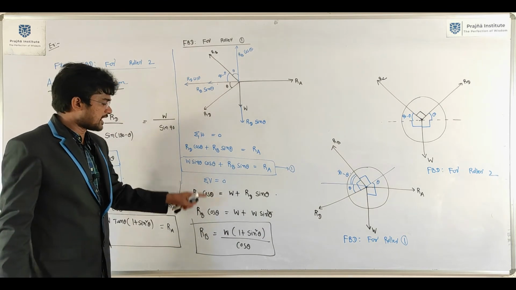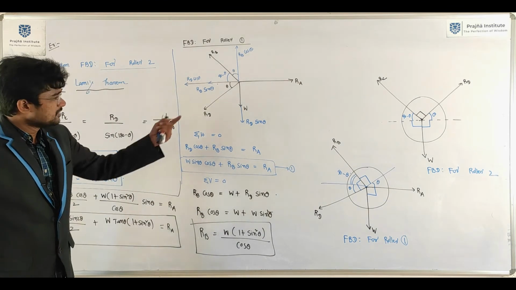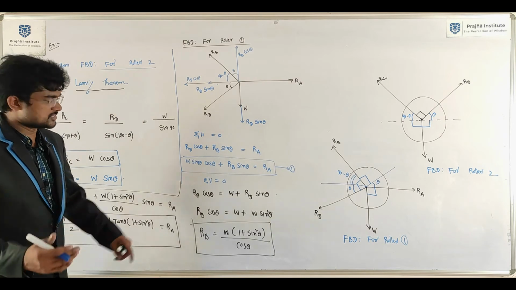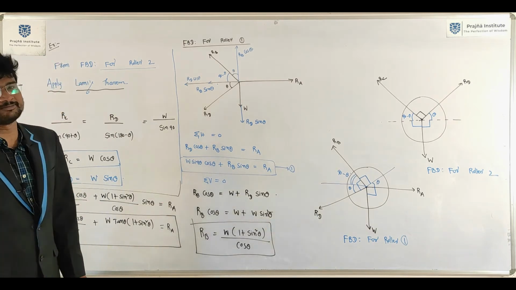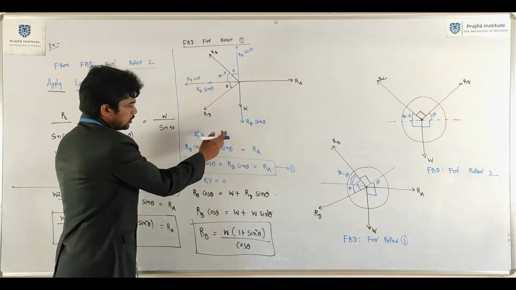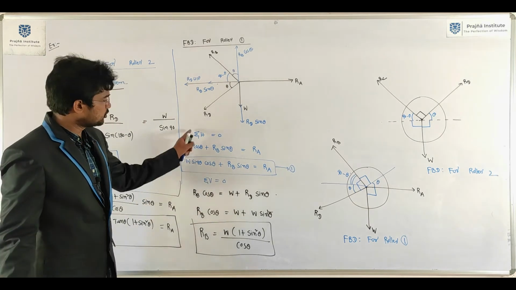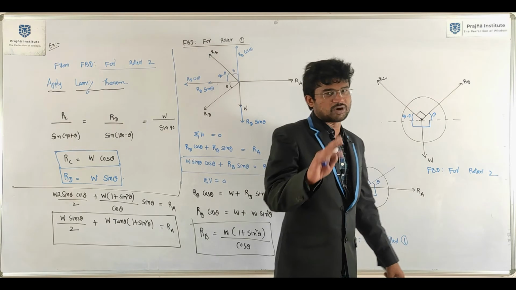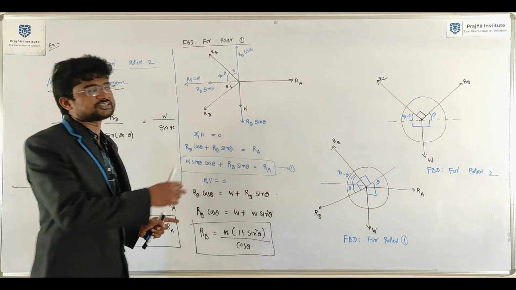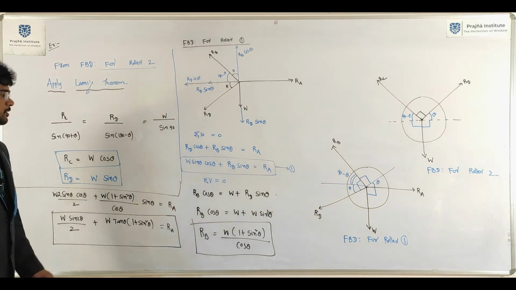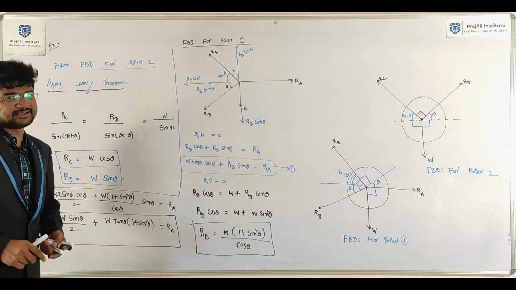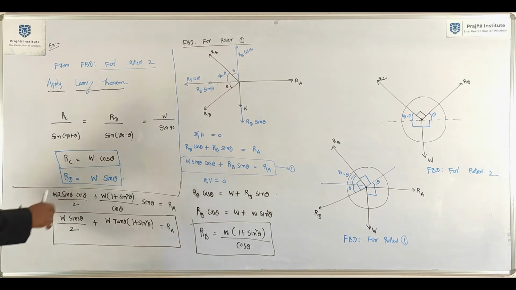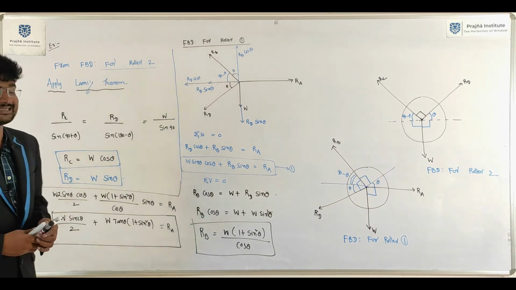With 2 unknowns, you can solve 2 equilibrium equations. Here also the same thing, 2 equilibrium equations, 2 unknowns. Total 4 equations, 4 unknowns: RA, RB, RC, RD. That's it, this is all about a system of rollers.